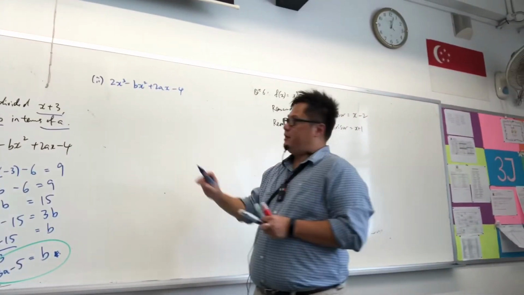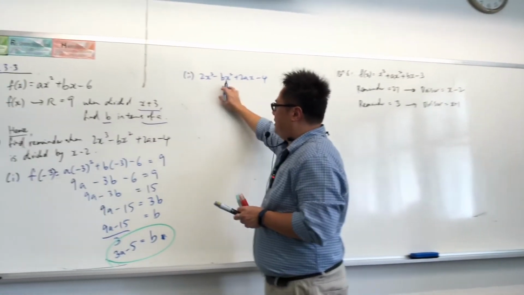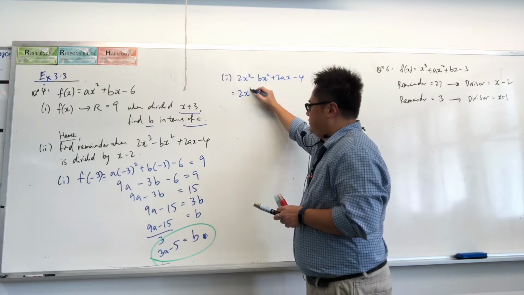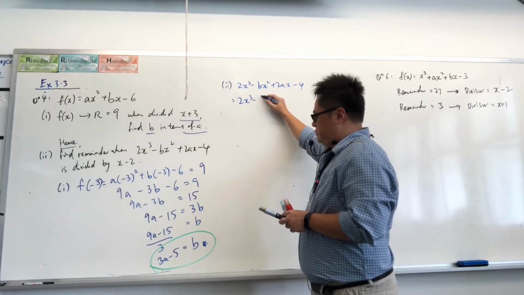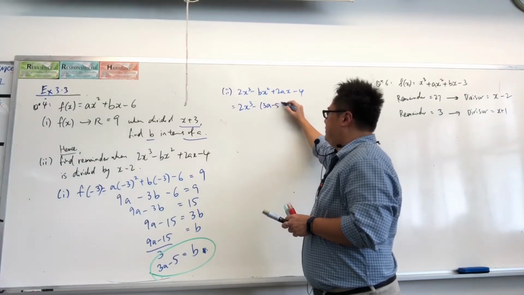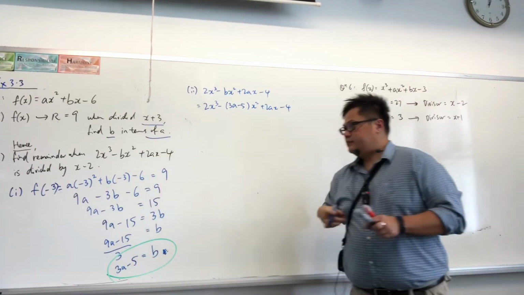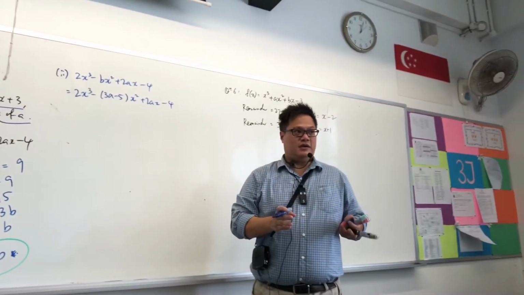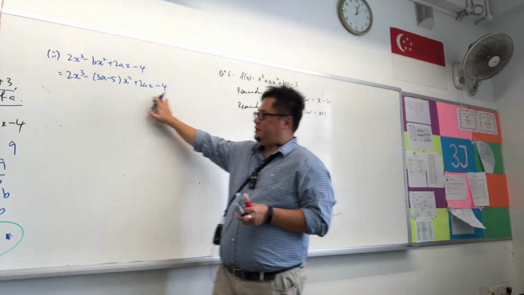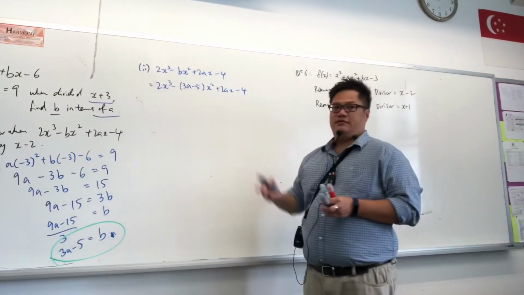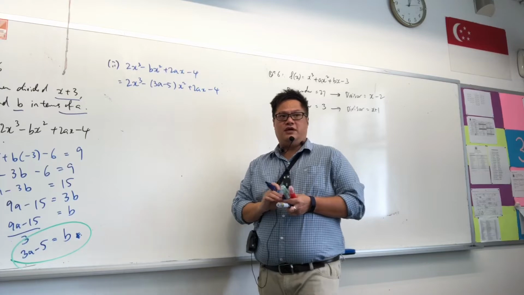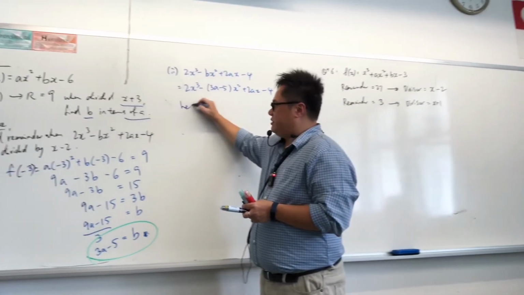So now I replace b with 3a minus 5, x squared plus 2ax minus 4. Okay, so far are you with me? So this is my dividend. The next line is to let f(x).